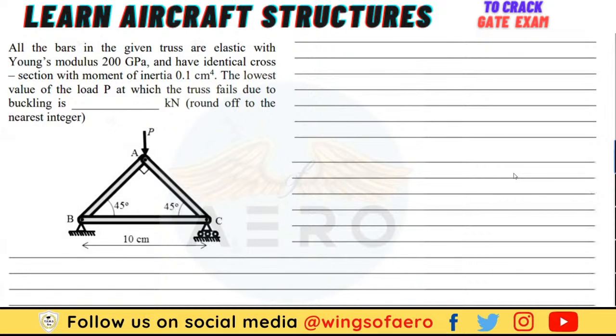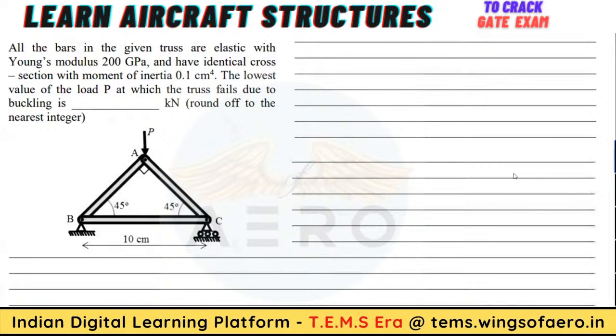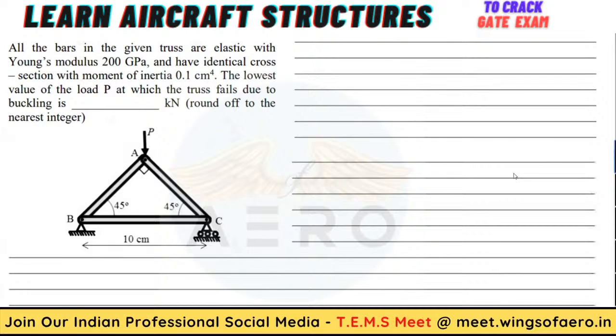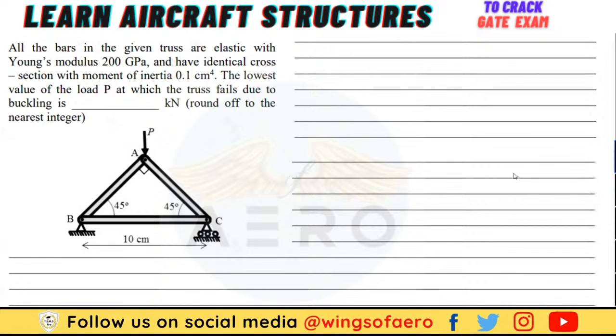All the members in the given truss are elastic with Young's modulus 200 gigapascal and have identical cross section, with a moment of inertia given as 0.1 centimeter to the power 4. The lowest value of the load T at which the truss fails due to buckling is... and they have said to round off to the nearest integer.